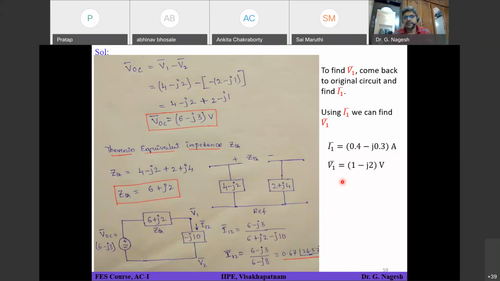So you can apply any method for solving your problem. Some methods will have an advantage with regard to the circuit, and based on practice you will understand which one is better. But we can solve using all the methods. So let's go ahead with our discussion.